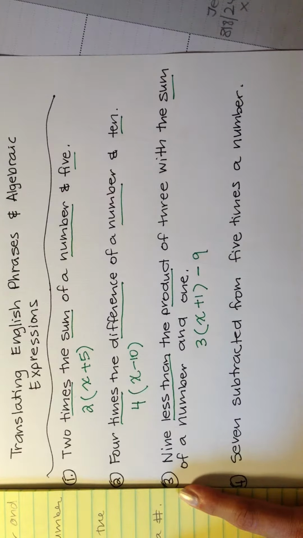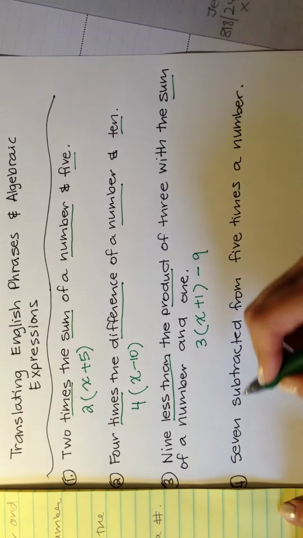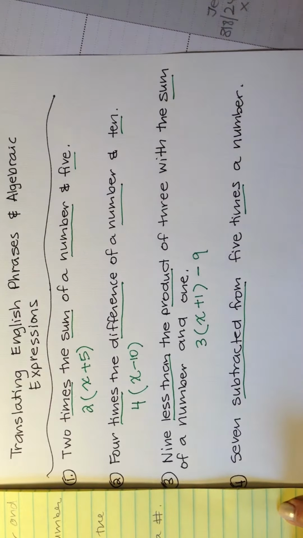Another one that involves subtraction where we have to pay attention is this next one. It says 7 subtracted from 5 times a number. When you see subtracted from, it implies to subtract, but you need to make sure that you put this in the correct order. Subtracted from and less than will work the same way.